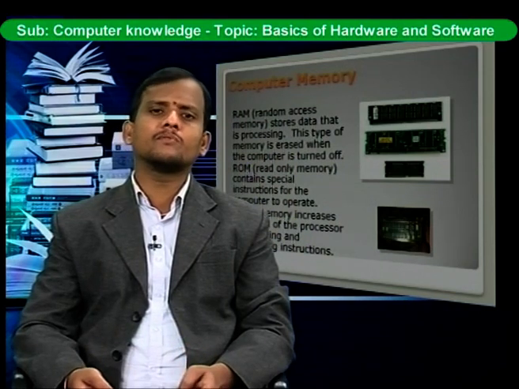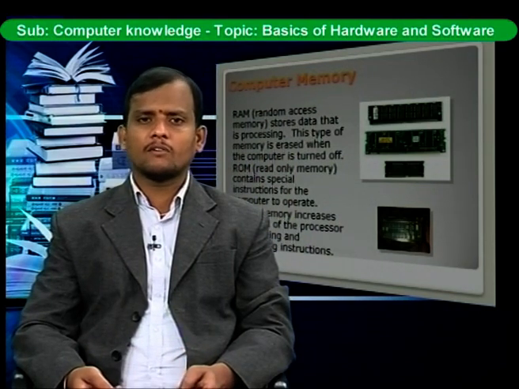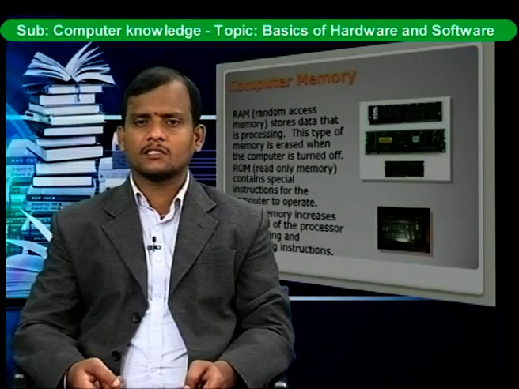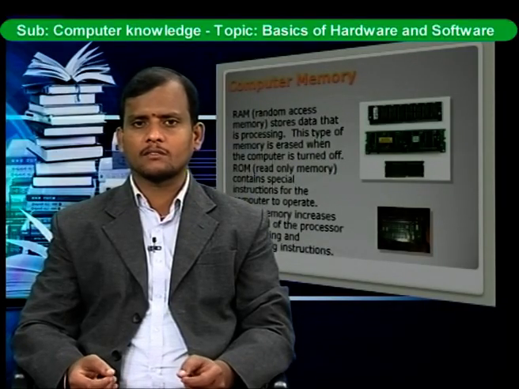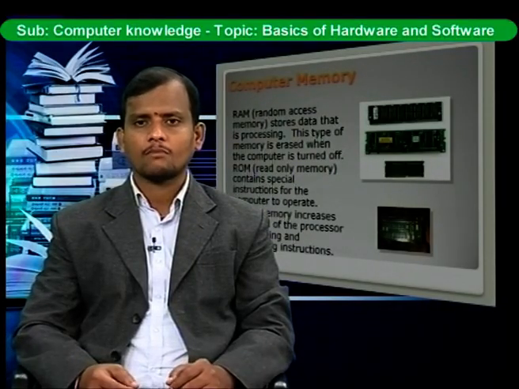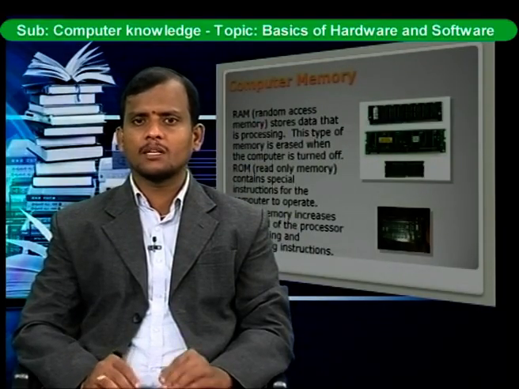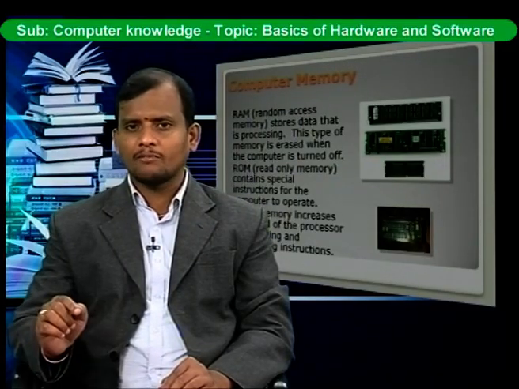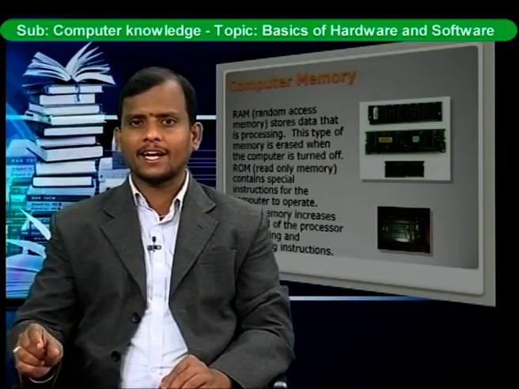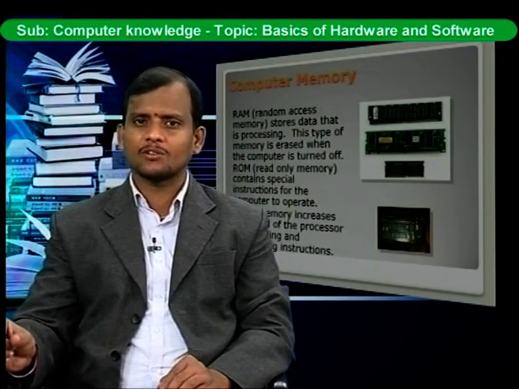And one more point is that each and every device has some memory. Suppose you type something using the keyboard. When you press A, that A command will be stored in some memory, which is also cache memory.